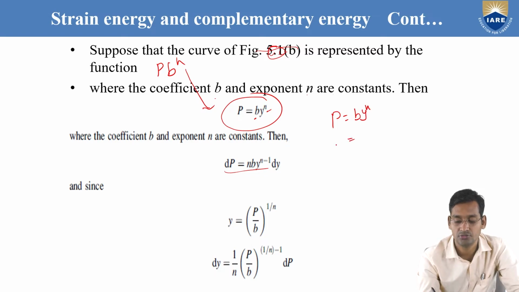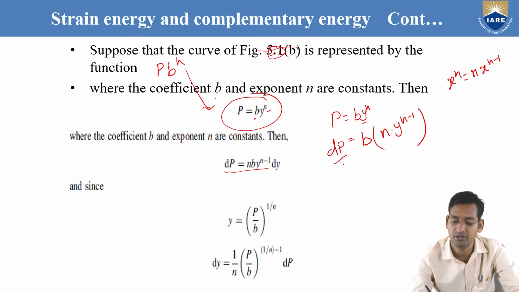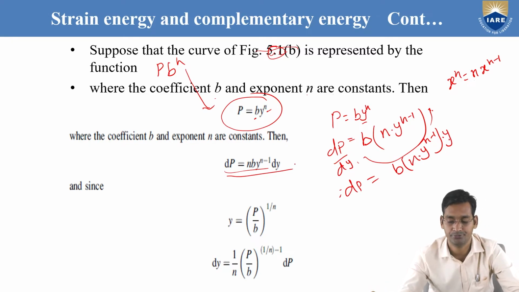Keeping b constant, the formula for x to the power n is n x to the power n minus 1, and here x is y, so dp by dy equals b n y to the power n minus 1. Cross multiplying, dp equals b n y to the power n minus 1 into dy. So this will be the dp value.